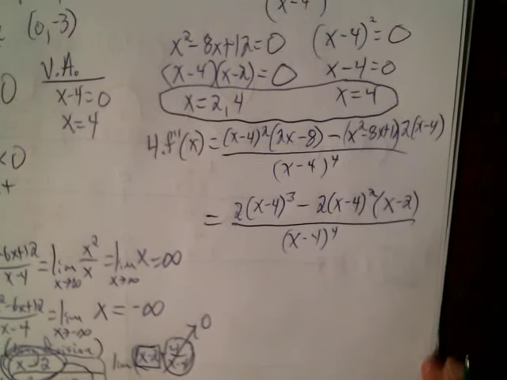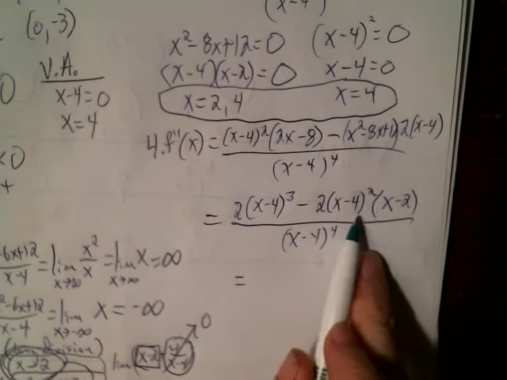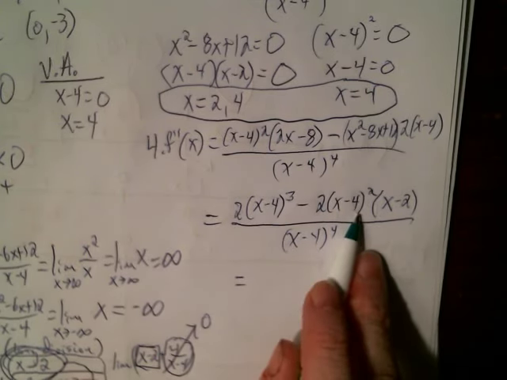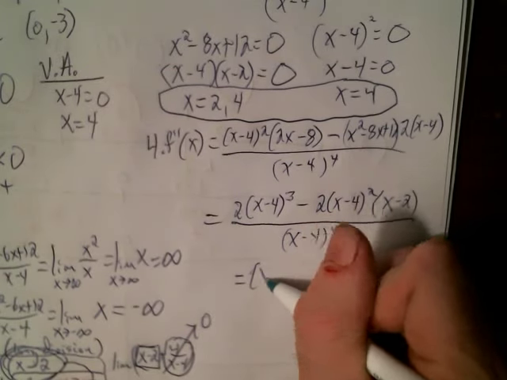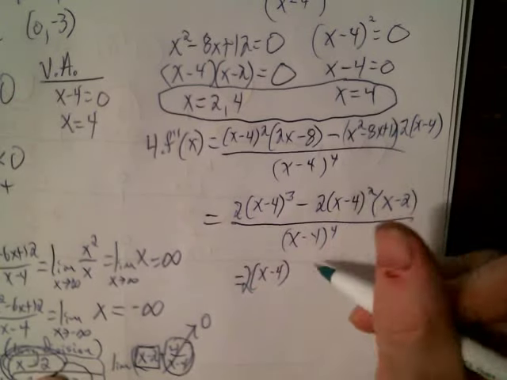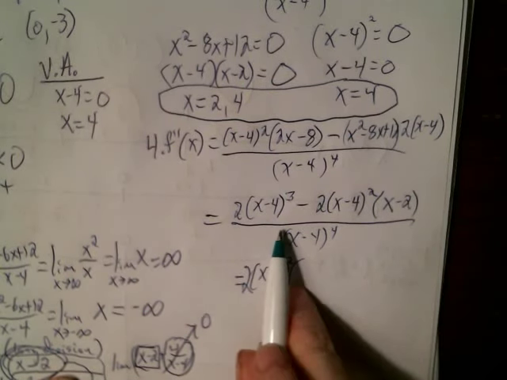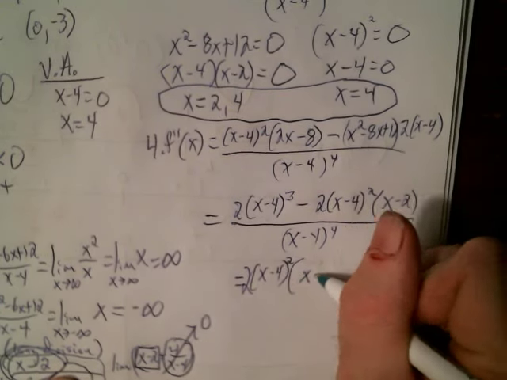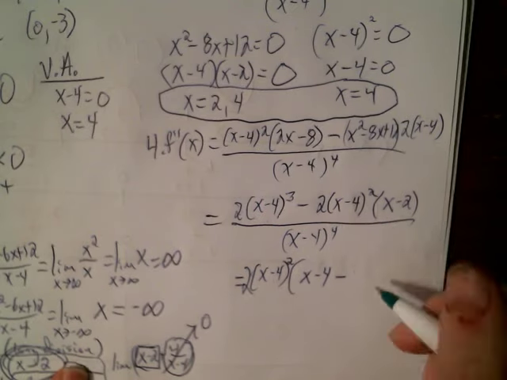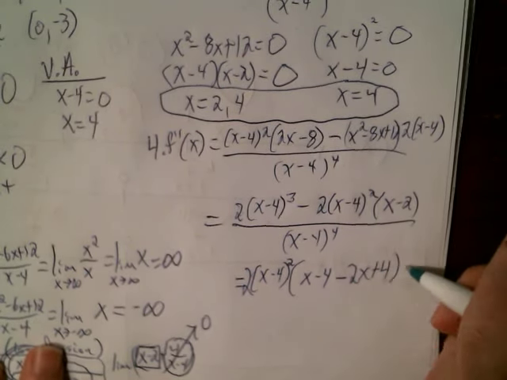Okay, so it looks like a mess, but there's stuff you can do to make it easier. Factor out then the 2 x minus 4s. So I'll have x minus 4, and also the factor of 2. Let's do that as well. Then I'll have left over 1 x minus 4 there, and then minus 2 times x minus 2, which should be minus 2x plus 4, right?